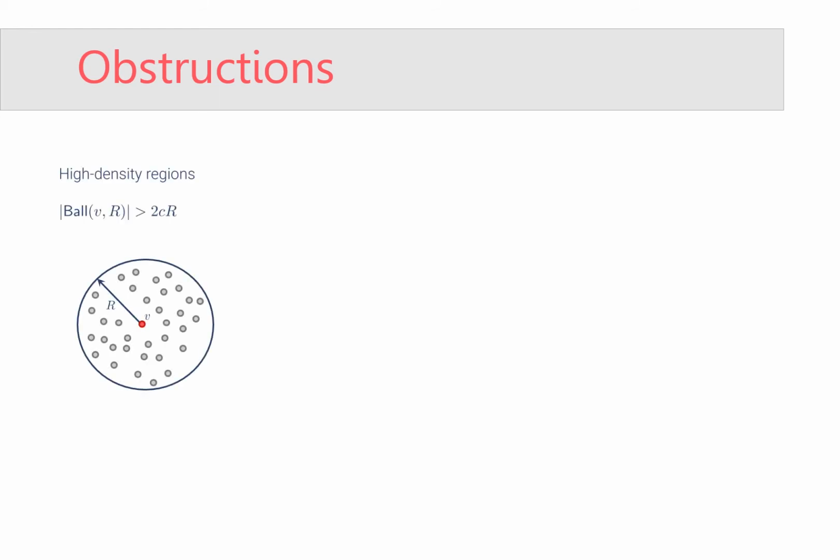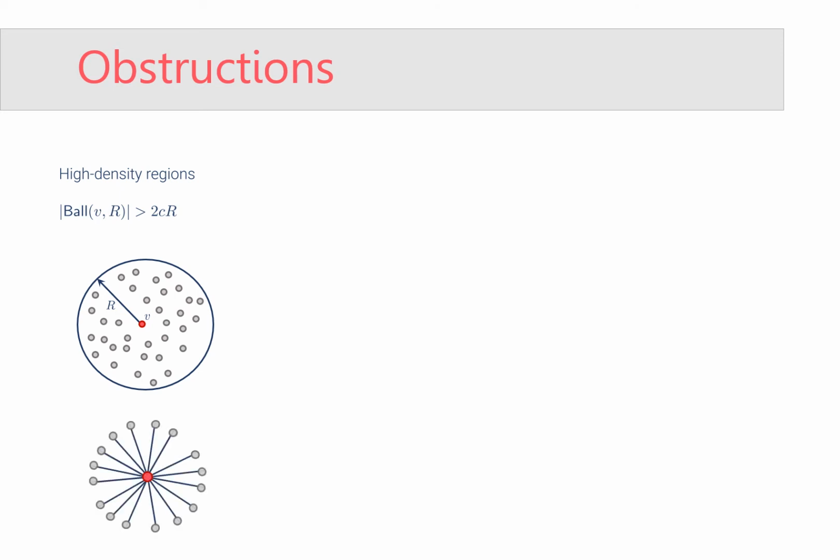One way to think about outlier embeddings is to try to picture what can go wrong. How can it happen that our graph doesn't admit a low distortion embedding? One could go about it by listing all the possible obstructions, and that actually turns out to be the approach, and there are not so many of them. One obstruction is a high density region. It means that the graph contains a ball such that this ball has a lot of vertices relative to the radius.